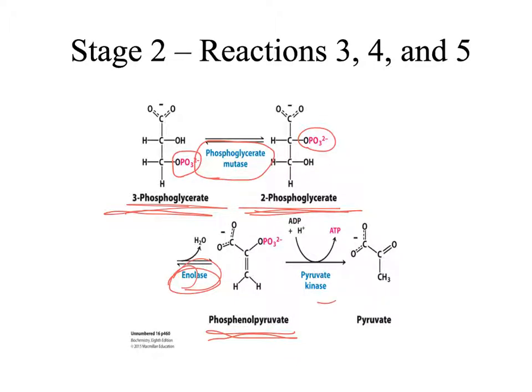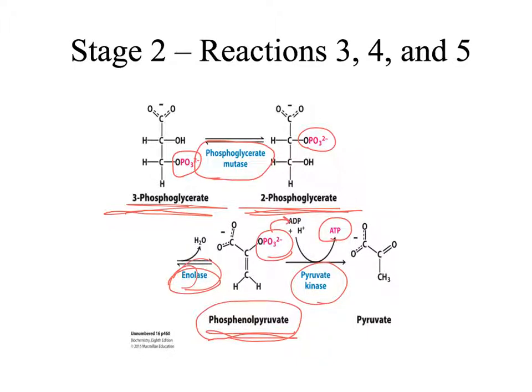And it's the enzyme pyruvate kinase that allows that to take place. Now remember that from chapter 15, phosphoenolpyruvate is another one of these high phosphoryl transfer potential substances. So its phosphoryl group is also going to be transferred to ADP to produce ATP.